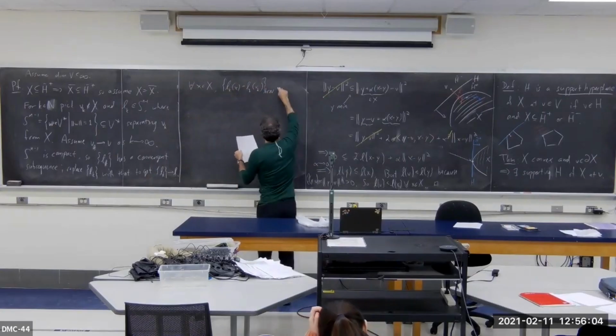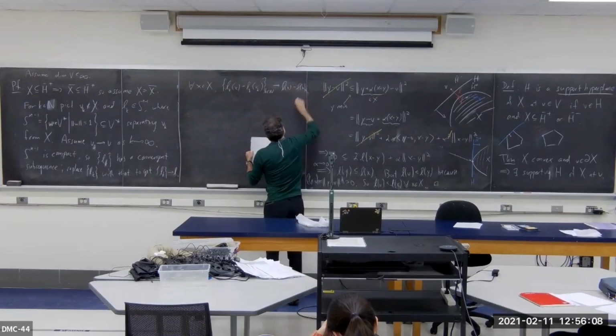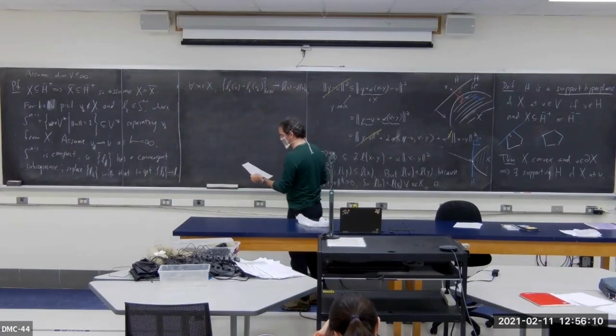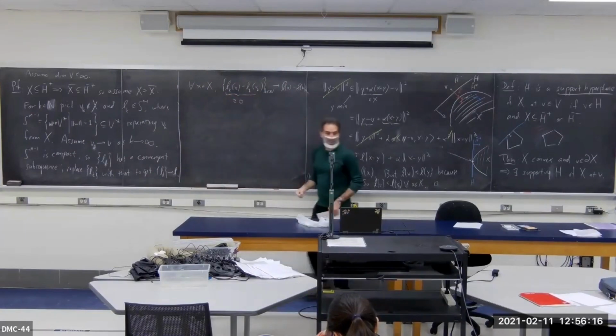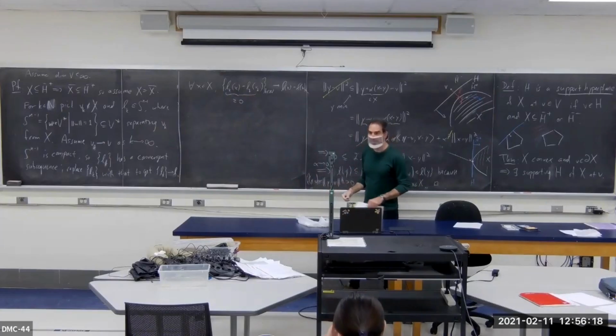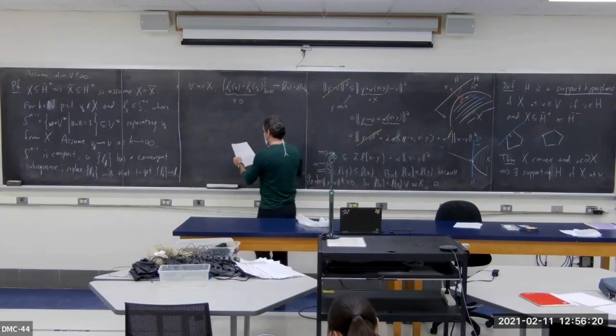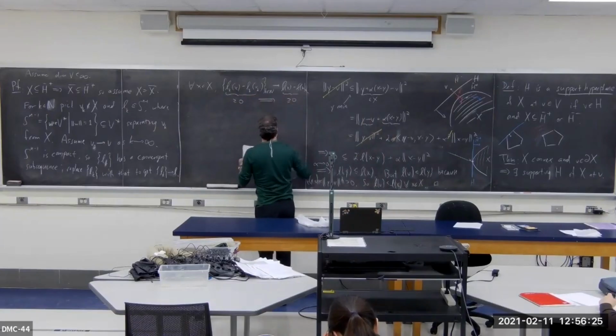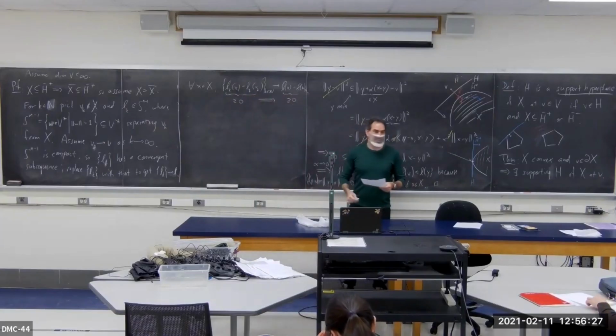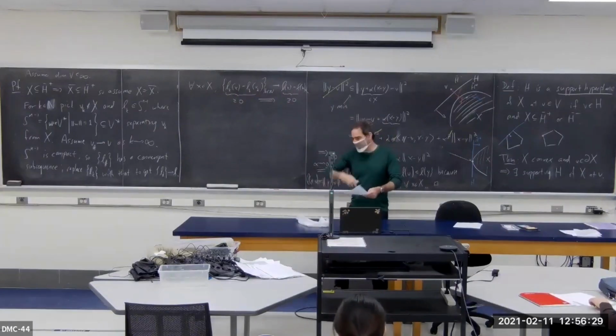We know that it converges to L of X minus L of V. What can you tell me about what's inside here? Non-negative, because it's separating. And this implies that this thing here is also non-negative, because the limit of non-negative numbers is still non-negative. You can't jump past 0 by taking a limit like that.